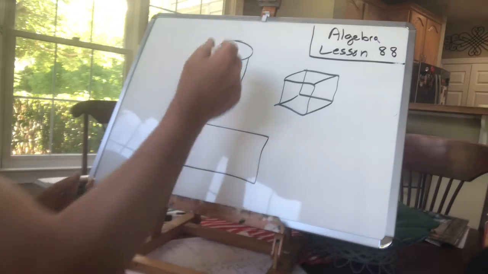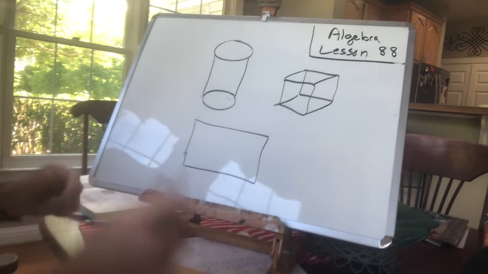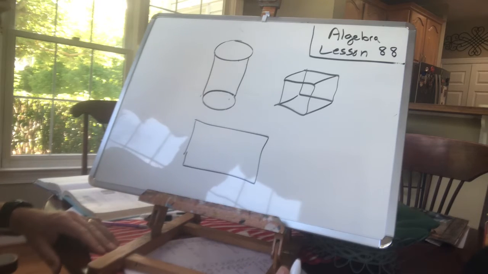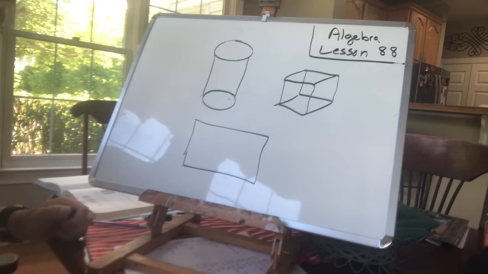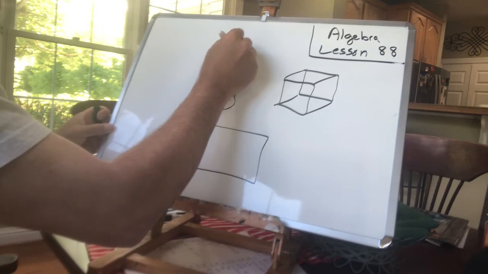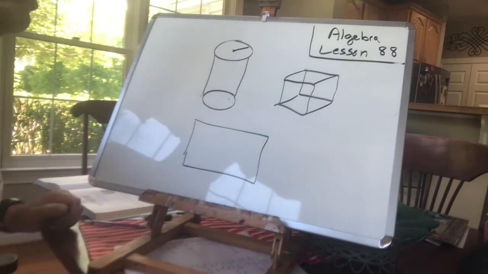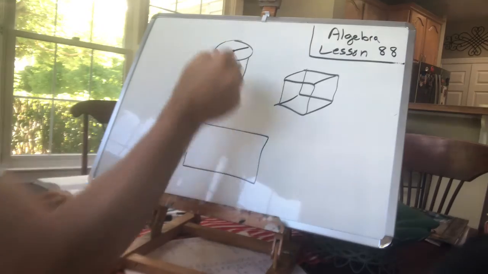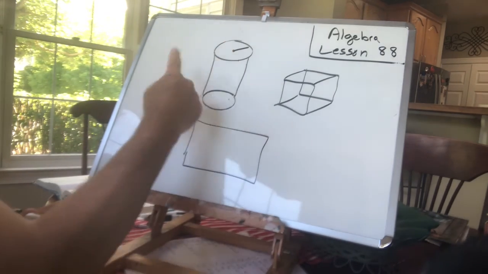That being the case, I'd need to know the circumference of the top or the bottom. And you know how to find the circumference of a circle. It's pi times diameter. So they would have to give me another piece of information like a radius or a diameter to be able to figure out the circumference of the top or the bottom, right? And then I could find the lateral surface area.